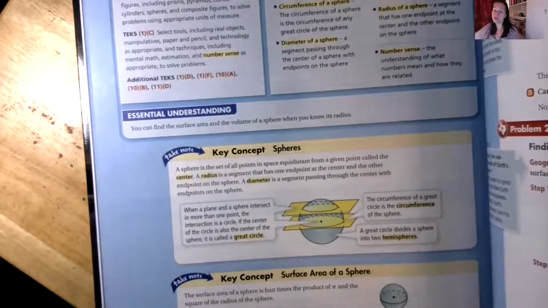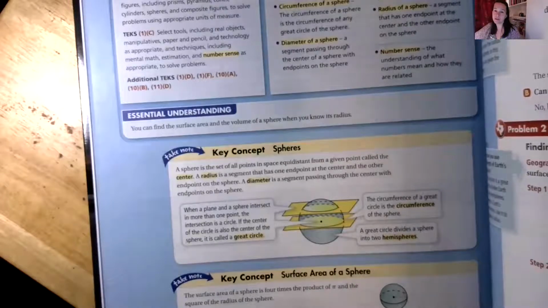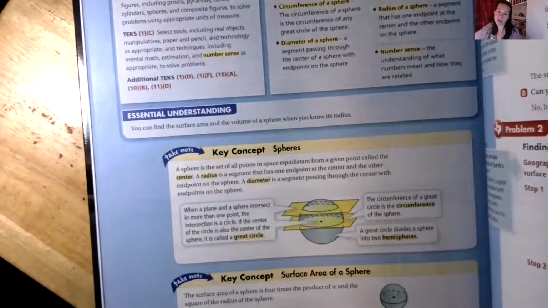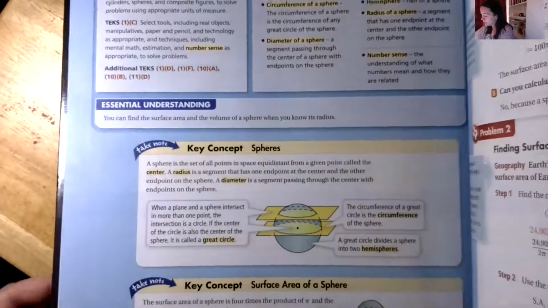And so the circumference of that great circle is also considered to be the circumference of the sphere. And the great circle divides the sphere into two halves. Some things that you need to be sure to know from this unit are how to find the surface area and volume of a sphere.